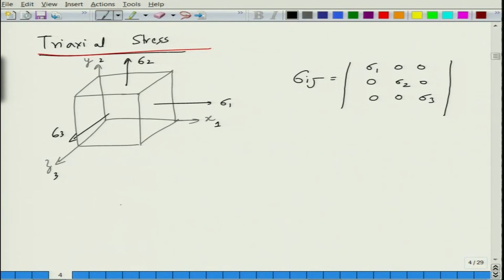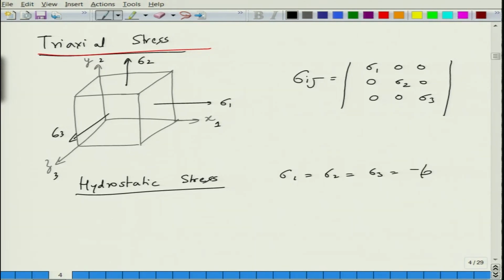There is analog in terms of hydrostatic stress as well. So, if you write hydrostatic stress, in case of hydrostatic stress, sigma 1 is equal to sigma 2 is equal to sigma 3 is equal to minus P. So, essentially the sample is under compression from all the sides.